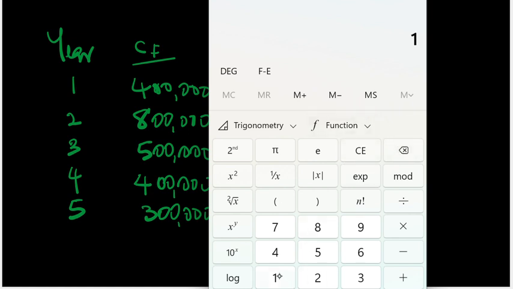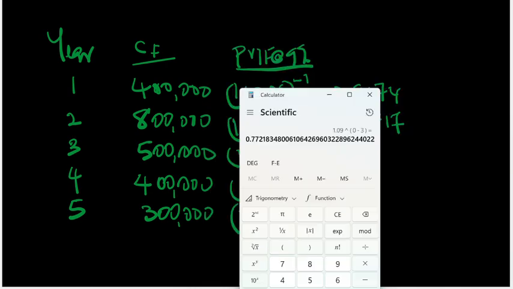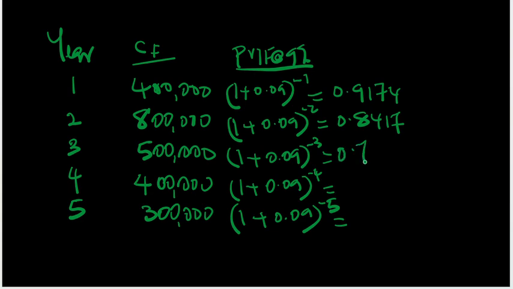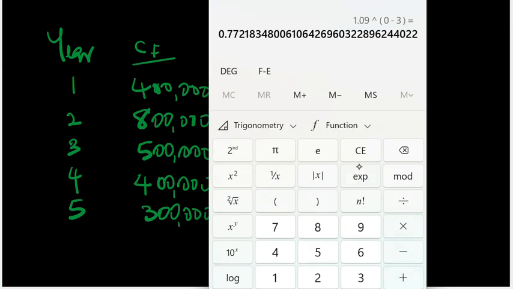That is 0.7722. The next year is 1.09 raised to negative 4.